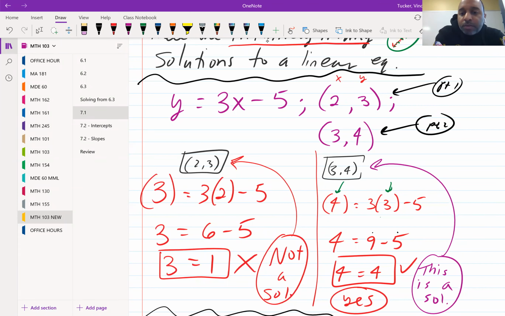And then for the next one, we have (3, 4). So plugging in 4 for y, 3 for x, 3 times 3 is 9, 9 minus 5 is 4. So that is a solution because we have 4 equal to 4.